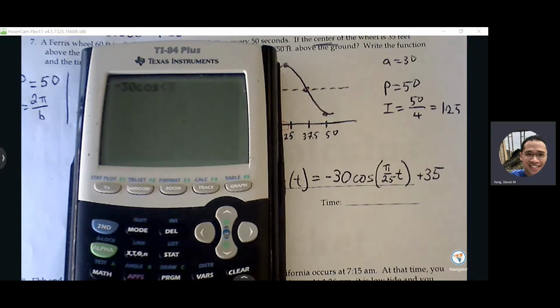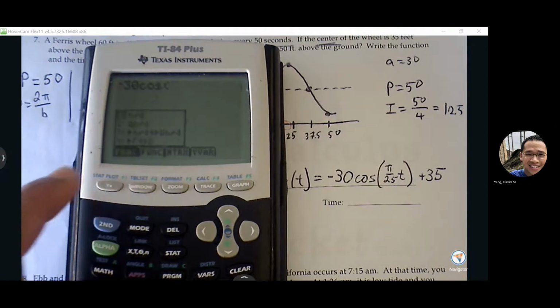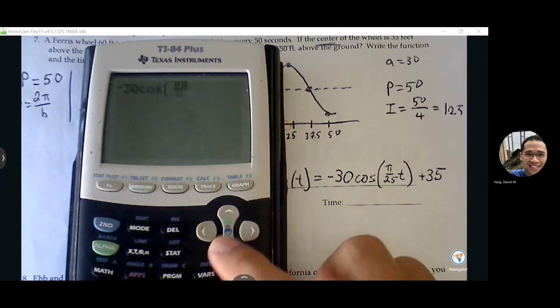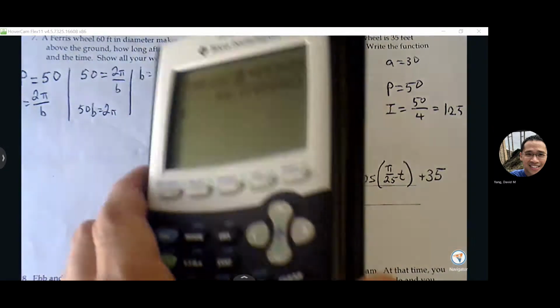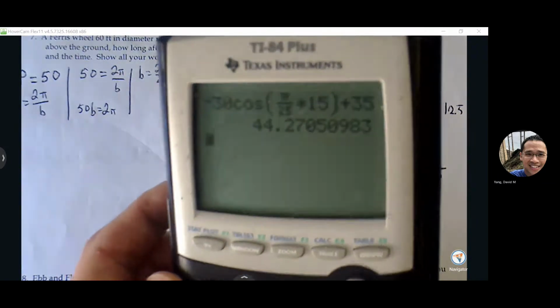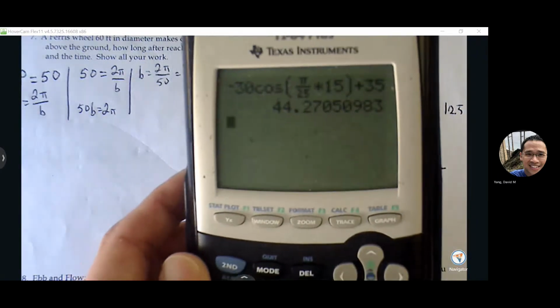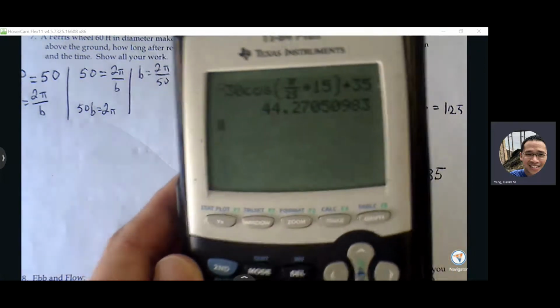Make sure you're in radian mode. So I plugged in 15, looks like it's close, 44 feet.